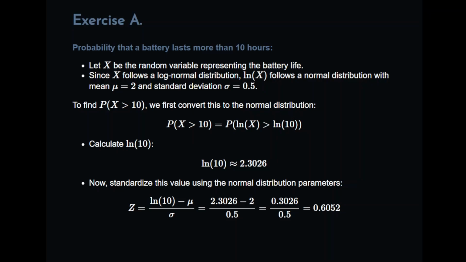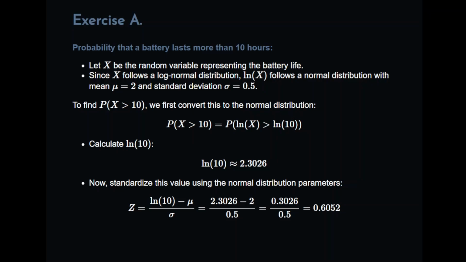First we calculate the log of 10, and that turns out to be 2.3026. So essentially what we have to do is find the z-score corresponding to 2.3, look it up in the tables or whatever approach we're going to use to calculate the corresponding probability.